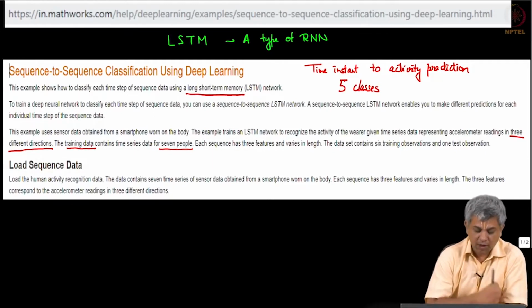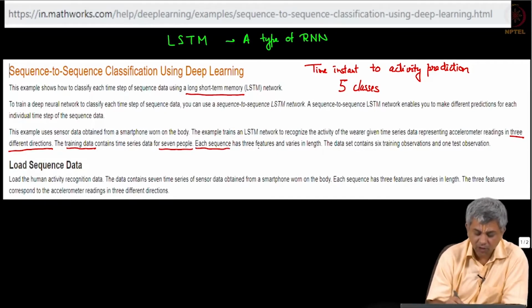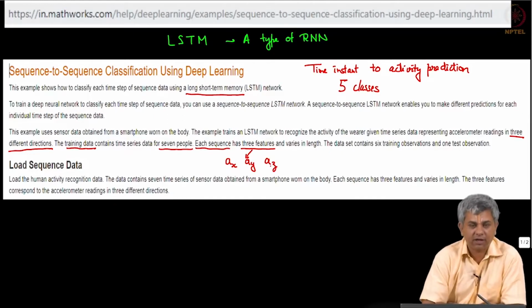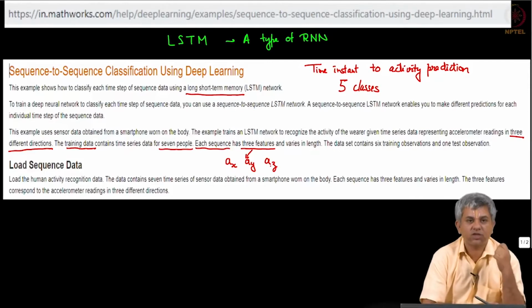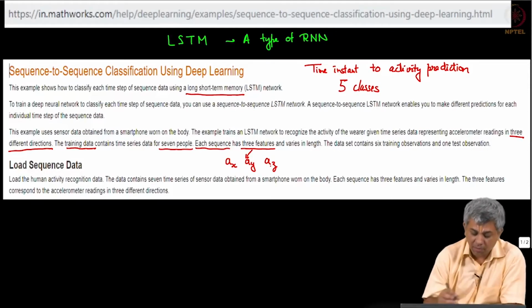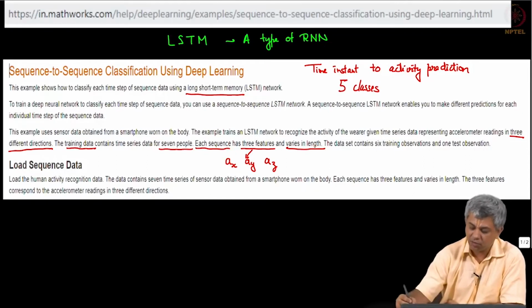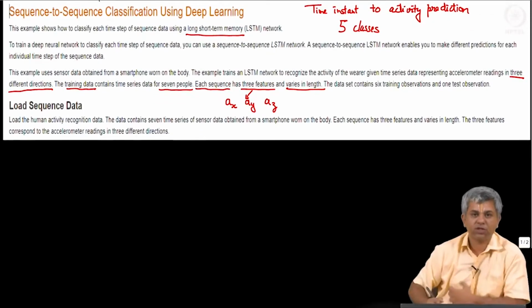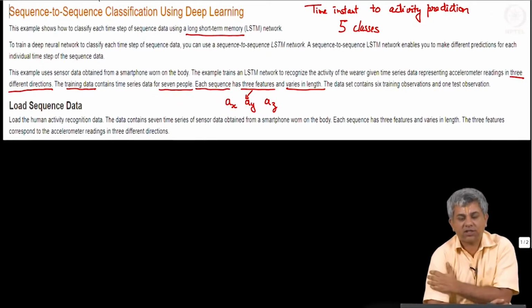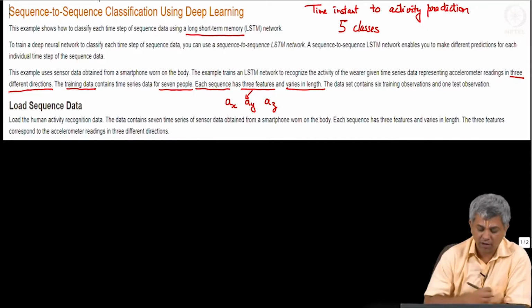Okay. Now, where does the variable length come in? Each sequence has 3 features. What are these 3 features? Let us call them acceleration in direction x, acceleration in direction y and acceleration in direction z. These are the 3 features that the sensor is throwing up at each time, but it varies in length. Why does it vary in length? As you will see shortly in a graph, what are we measuring? Suppose I wear this cell phone on my body or have it in my pocket.